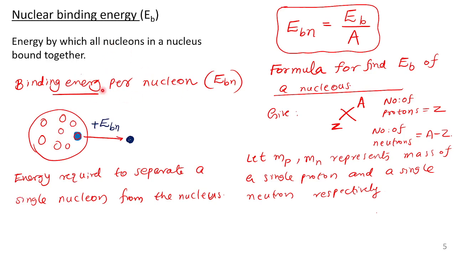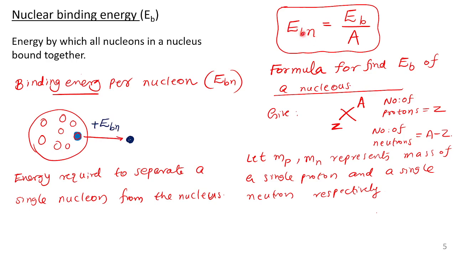But binding energy per nucleon is the energy required to separate a single nucleon. Clear? So the energy required to separate a single nucleon is said to be binding energy per nucleon, EBN.